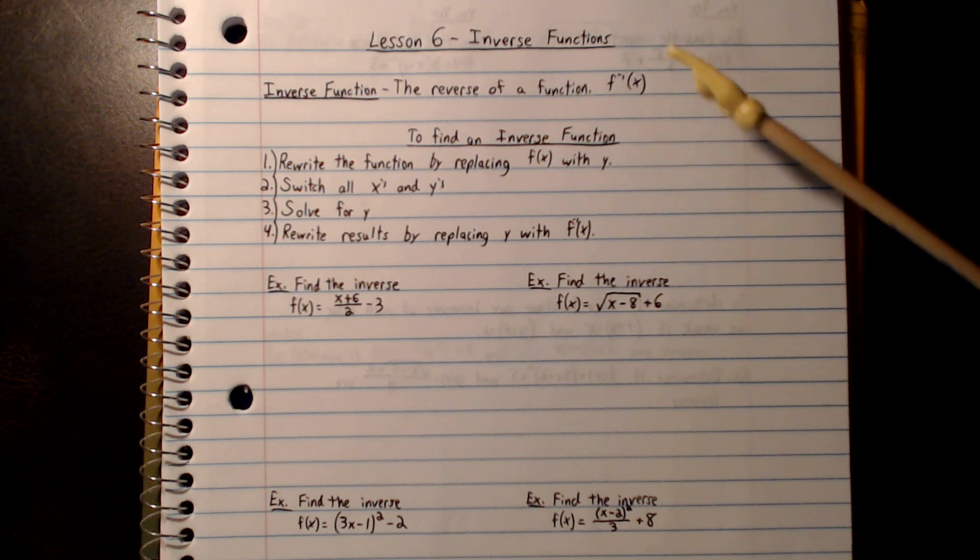Here's the deal. If you have a function and it spits out a number, if you were to plug that result into the inverse function, you should get back what you started with. That's the whole idea of an inverse function.